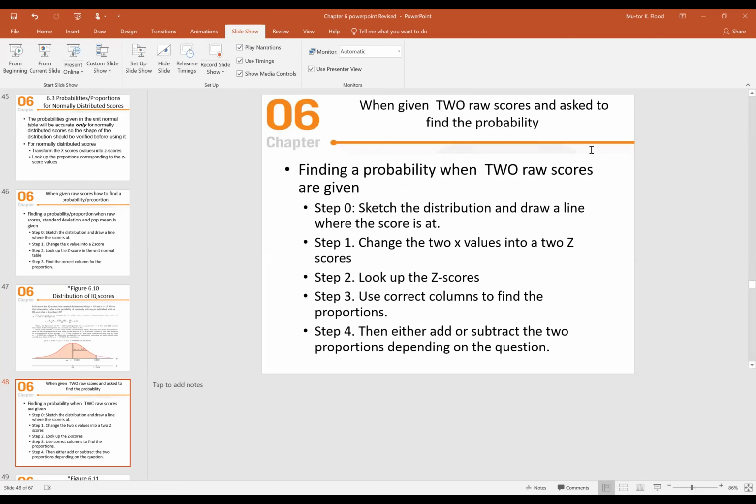Then we're going to change the 2 x values into 2 z-scores. Then we're going to look up those z-scores, and then we're going to use the correct columns to find the proportions. And then we're either going to add or subtract the 2 proportions depending on the type of question that we have. So let's go through an example.